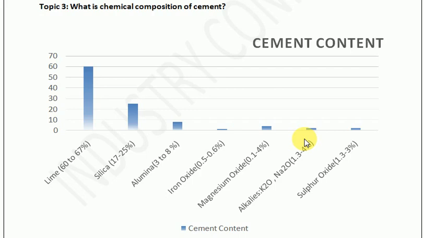To acquire the strength which is good for a particular site condition, you must understand the chemical reactions that happen in cement. So to understand the types of cement, you must master this topic, which is the chemical composition of cement. There are three steps. First is the raw material which is used. What are those chemicals?